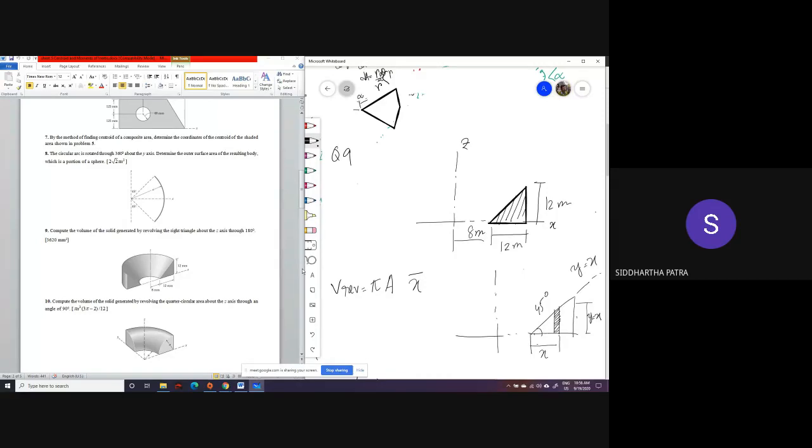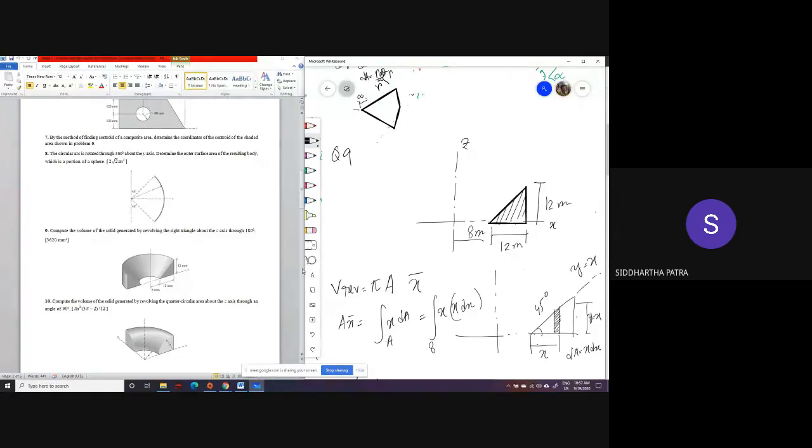So the differential area dA is x dx. It should have been y dx, but y is also x.